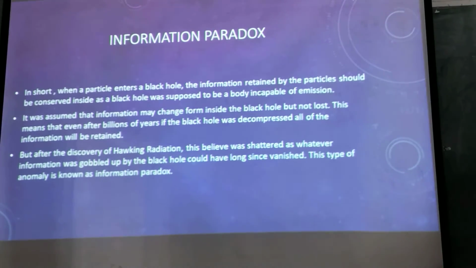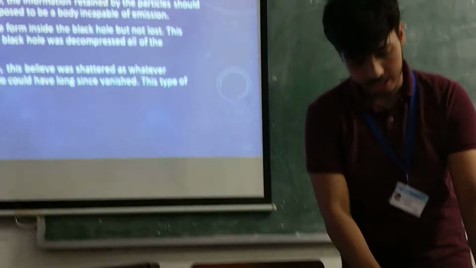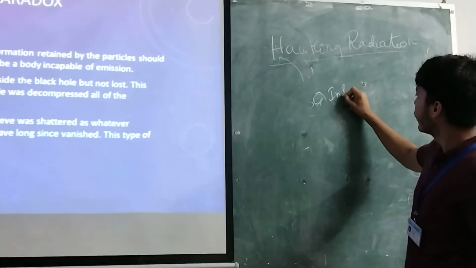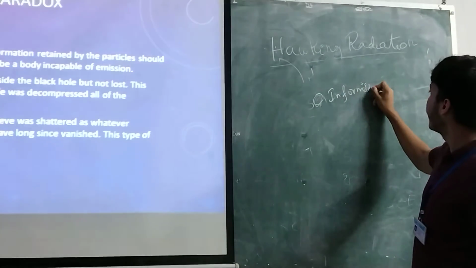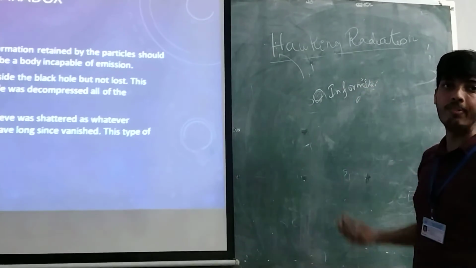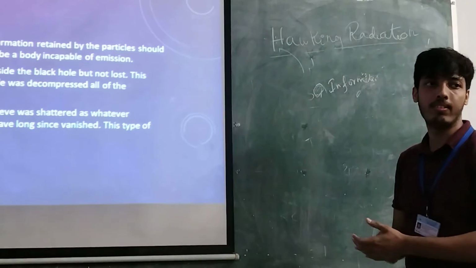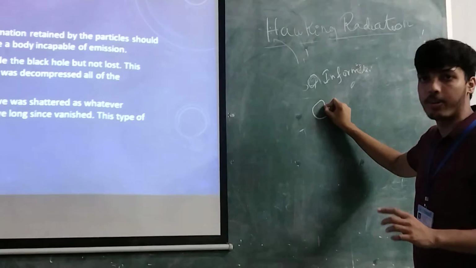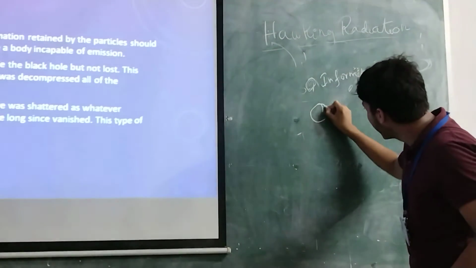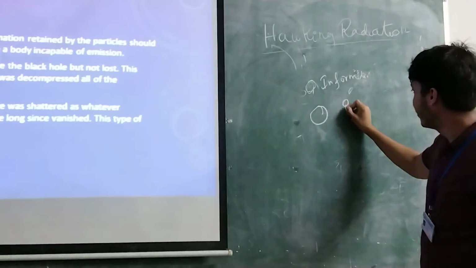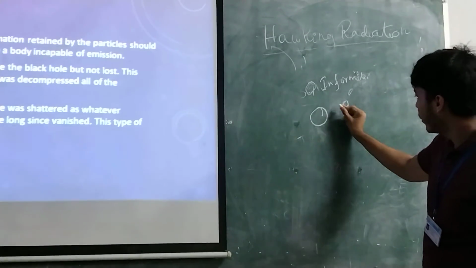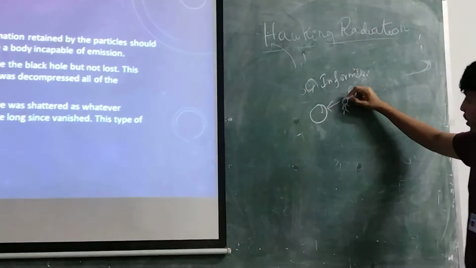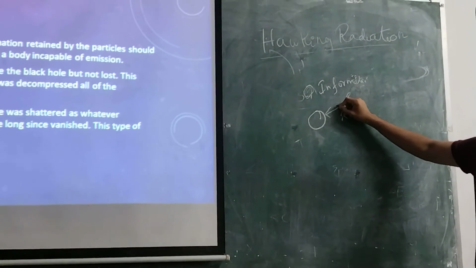We have learned in quantum mechanics that every particle retains some information, mainly at our level as quantum numbers. You know what information is, how to define that particular particle. Earlier it was assumed that black holes cannot emit anything. If the black hole swallows a human, all the particles in this human have information.